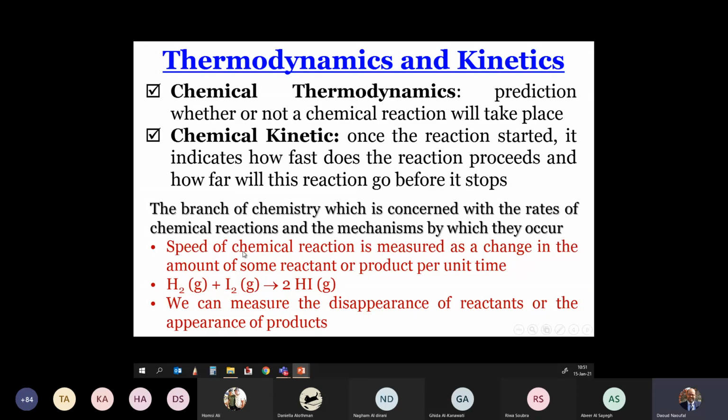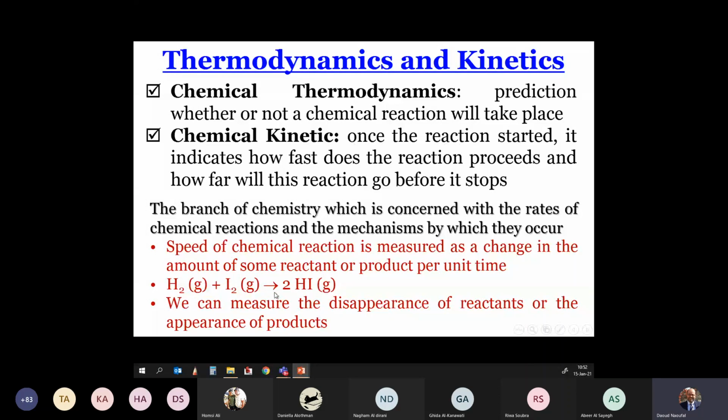In chemical kinetics, we define the speed of a chemical reaction, and it is measured as the change of the amount of reactants or products per unit time. Suppose we have the reaction H2 gas plus I2 gas giving 2HI gas.